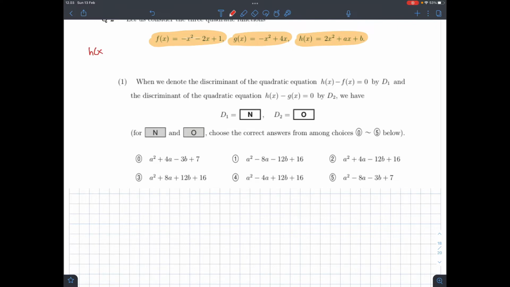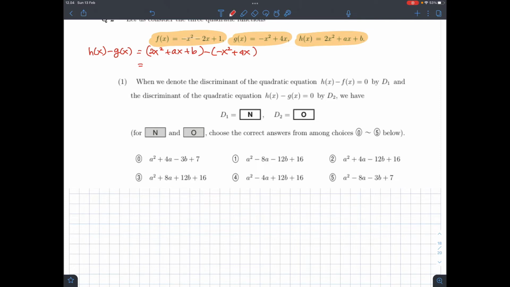Better I write here, hx minus gx, so 2x squared plus ax plus b minus, negative x squared plus 4x. This is just a simple algebraic operation, this one with this one.